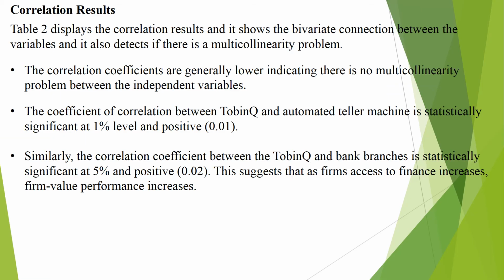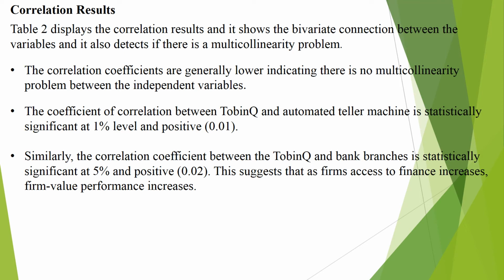The second part of the result is the correlation result. Here, the correlation result tries to show the bivariate connection between the variables, and it also detects if there is multicollinearity. Generally, based on the result, it indicates that there's no multicollinearity among the independent variables, because the Tobin Q and ATM are statistically significant.